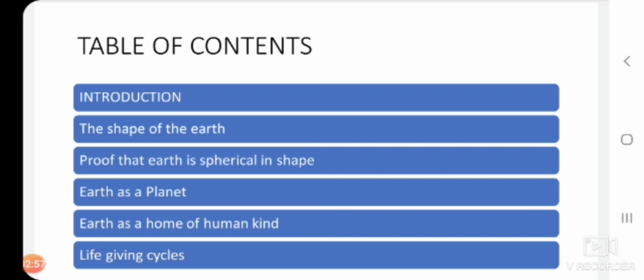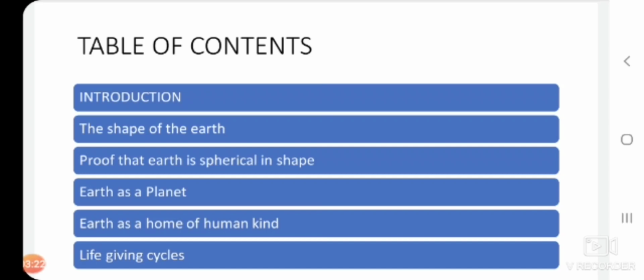We are not going into detail about all this in the present class, which is the chapter Earth as a Planet. In this chapter we are going to learn only about the shape of the Earth, proof that Earth is spherical in shape, Earth as a planet, and Earth as a home of humankind, and life-giving cycles.